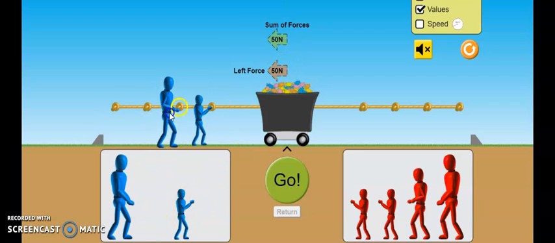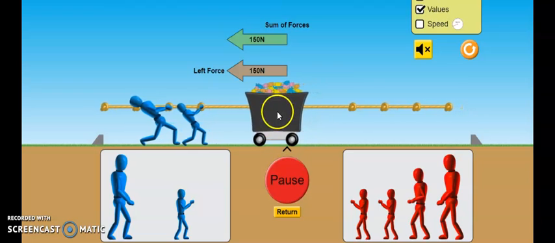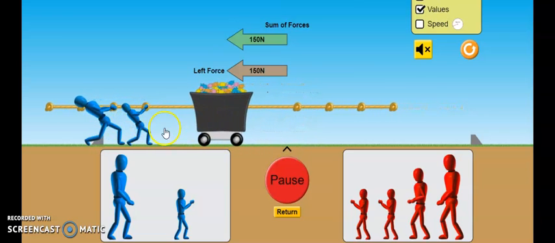So if I apply another force, you can see I have 150 newtons. So the sum of forces is 150. So right now you can see also the cart is moving this way.